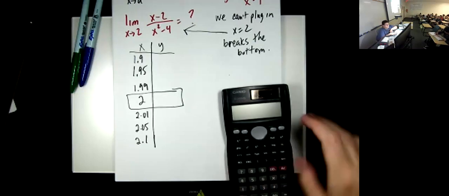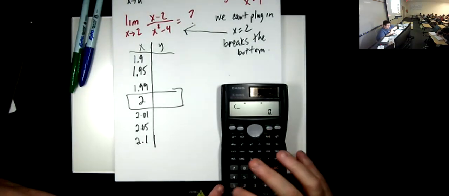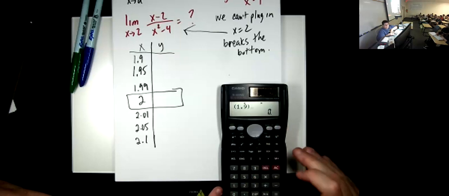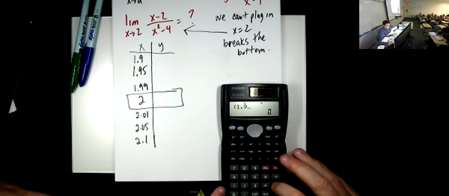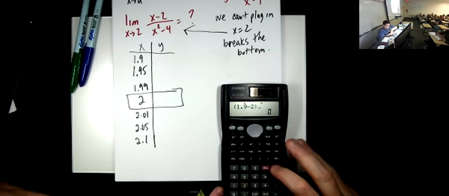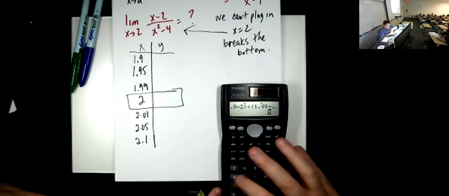And we can do this in a calculator. 1.9 minus 2 divided by parentheses 1.9 squared minus 4.